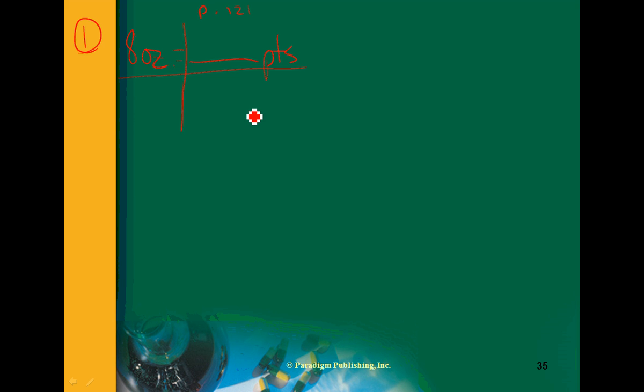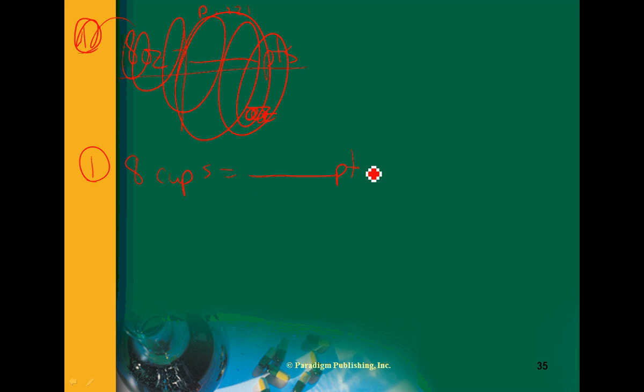8 ounces here, 8 ounces here. Okay, and we know that, or we're going to do cups, sorry. Oh, excuse me. Let me just mark this out. I apologize. I put ounces and it's supposed to be in cups. 8 cups equals pints.